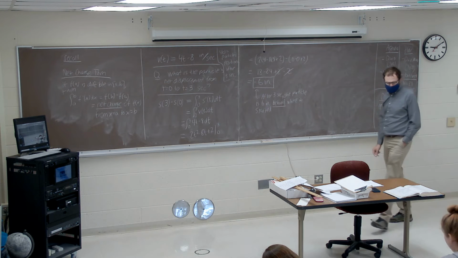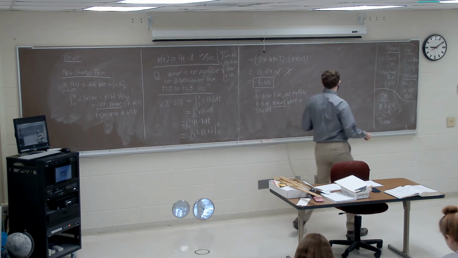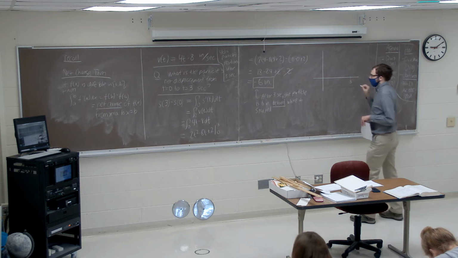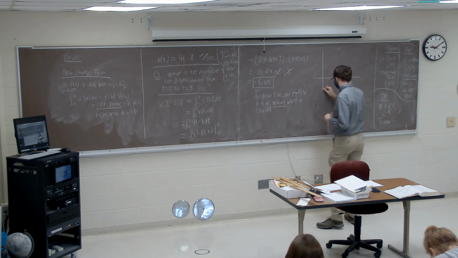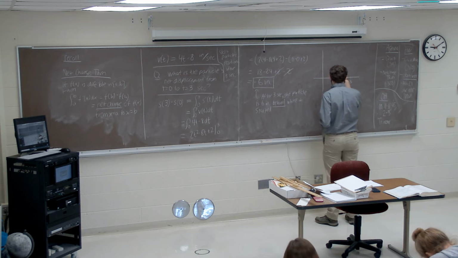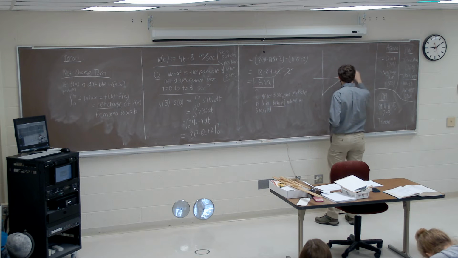And in fact, if we were to sketch out a graph of what's going on here, from 0 to 3, our function v of t equals 4t minus 8, with the t-intercept at 2, 0.